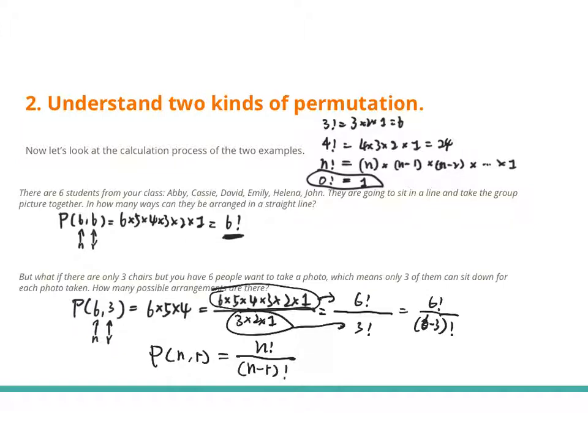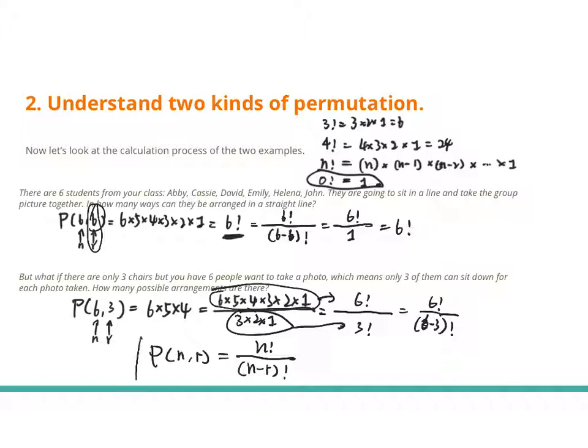So if we have a permutation of the total number here, writing it in a general format, that should be 6 factorial divided by (6 minus 6) factorial. That is 6 factorial divided by 0 factorial, and we have a special case here that 0 factorial equals 1, so that still is 6 factorial.